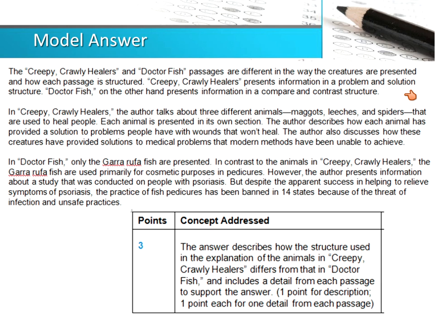Okay, so let's read through this so you have an idea of it. The Creepy Crawly Healers and Dr. Fish passages are different in the way the creatures are presented and how each passage is structured. Creepy Crawly Healers presents information in a problem and solution structure. Dr. Fish, on the other hand, presents information in a compare and contrast structure.